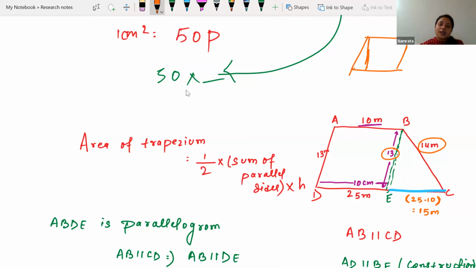If we drop a perpendicular like this, an altitude like this. Just a second.